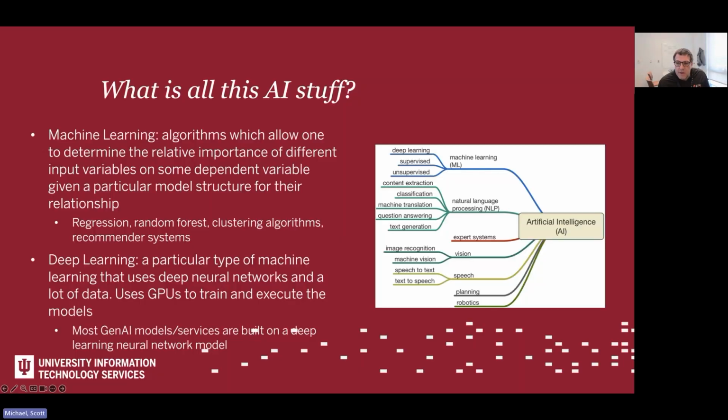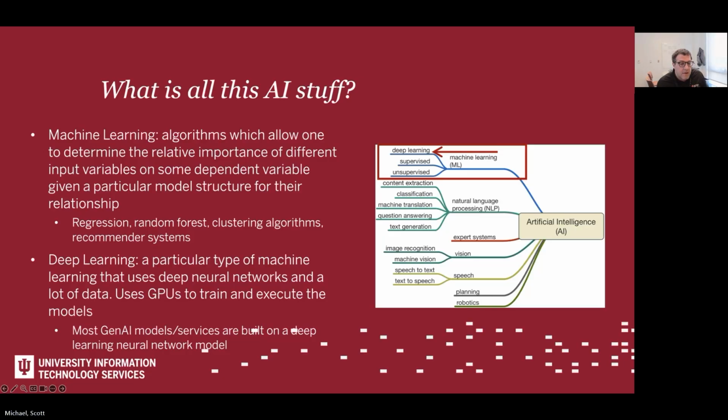And as we're looking at all of the different AI techniques on the right, really this talk is focused in on deep learning, but I want to make sure to mention some of these other types of algorithms as well. So probably a lot of you have used things like regression or random forests.